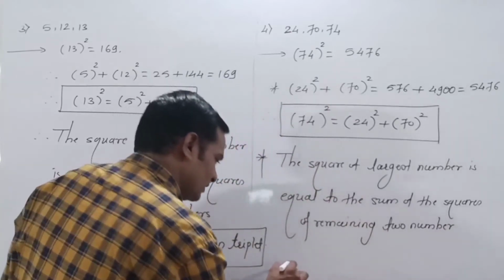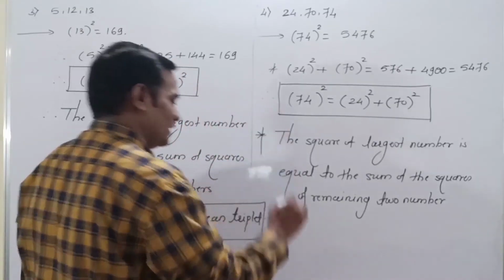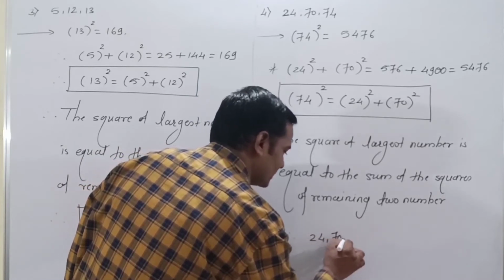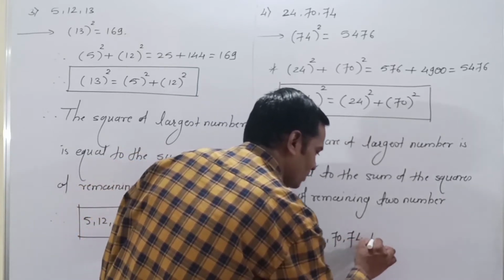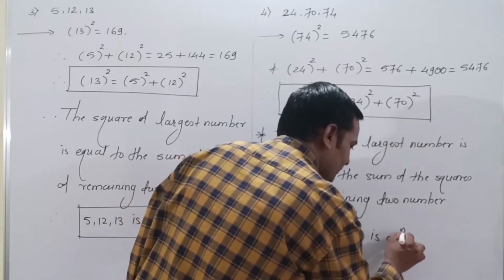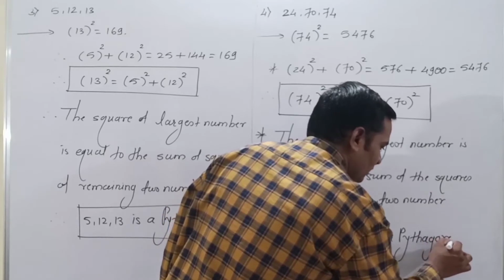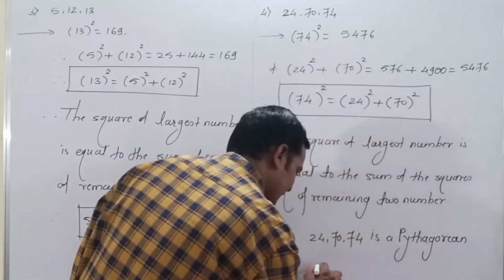So what will be the answer? Given numbers are a Pythagorean triplet. 24, 70 and 74 is a Pythagorean triplet.